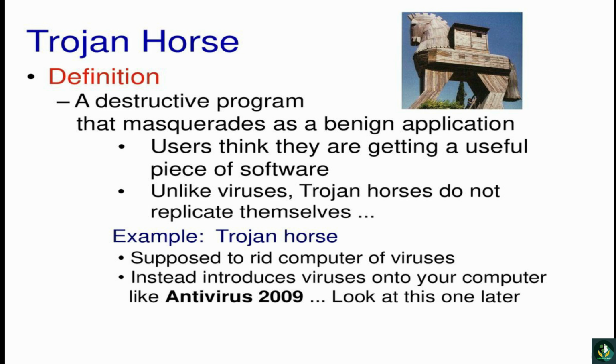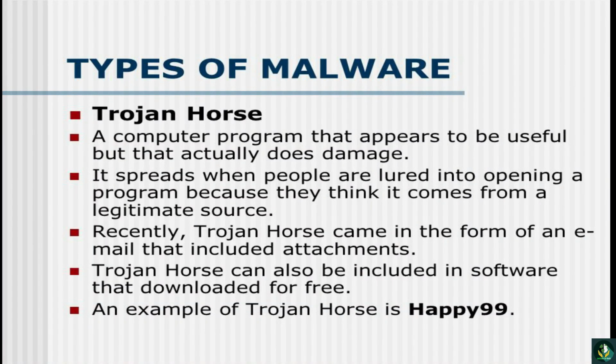So there are many types of malware and Trojan horse is one of them. A computer program that appears to be useful but actually does damage. It appears when people are lured into opening a program because they think it comes from a legitimate source.